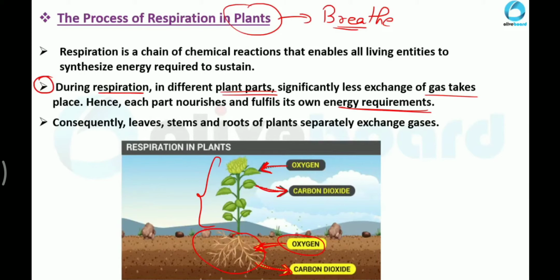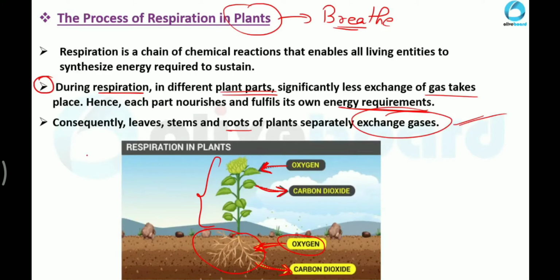So the whole plant, its stem, its flower, its leaf, its branches, its root, all of them participate in the process of respiration, and with the help of that, each part nourishes itself and fulfills its own energy requirements. Clear? So consequently, leaves, stem and roots of plants separately exchange gases, that is, they inhale oxygen and exhale carbon dioxide.